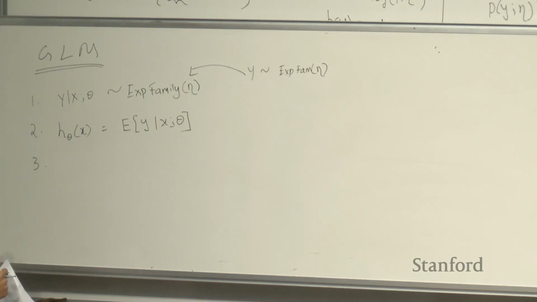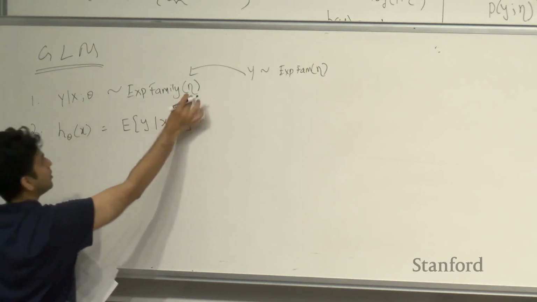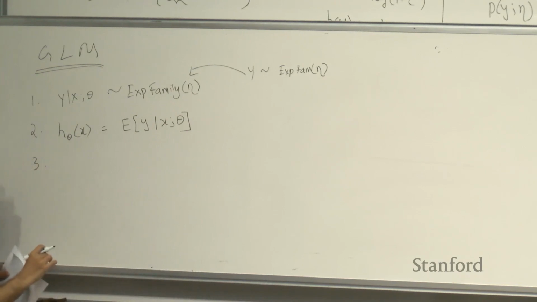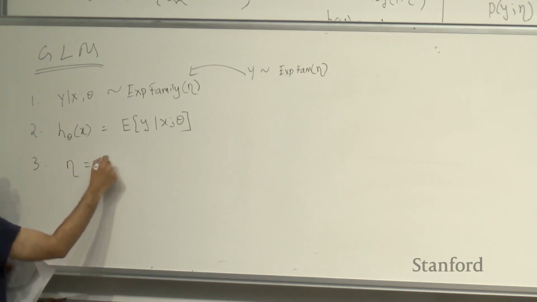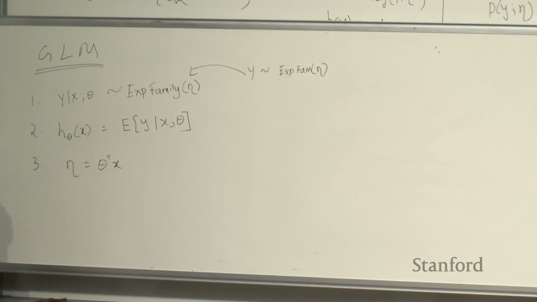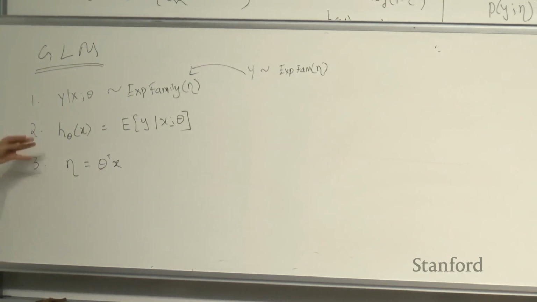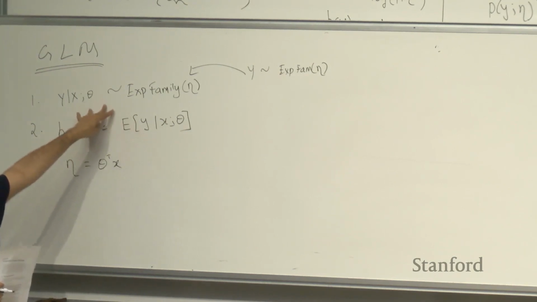The third assumption that we're going to make is now connecting x, theta and eta. Here we're going to make a reasonably strong assumption that eta will be equal to theta transpose x. So these first two seem somewhat reasonable. We're just assuming y given x follows some exponential family distribution. And the second assumption was that the value that we want to predict for an input x is going to be the expectation of this distribution.